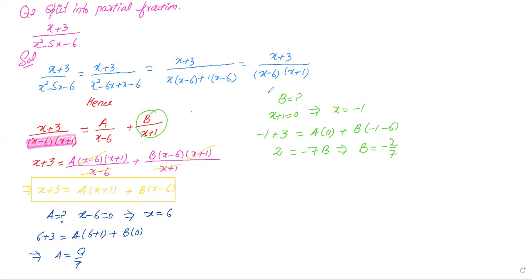Now what will you do? You have to write in a very proper way. The question given is (x + 3) divided by (x² − 5x − 6). Now you have to make two fractions over here.